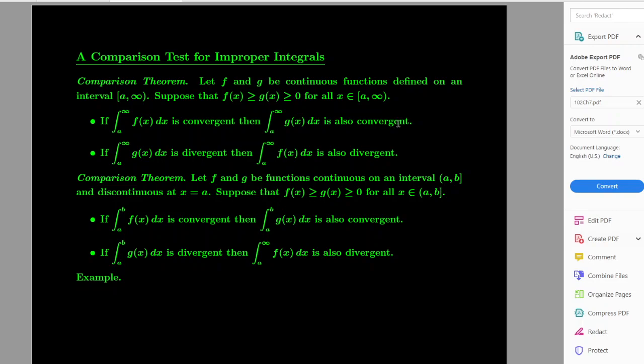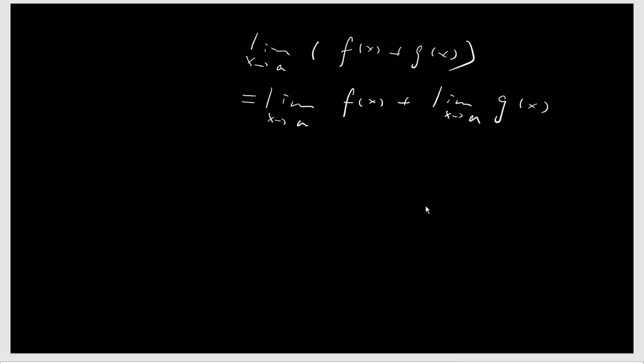That's the meaning. I want to repeat, if the integral of a bigger function is convergent, then the integral of a smaller function is also convergent. I will show you the meaning graphically. I hope it's not too hard to understand.